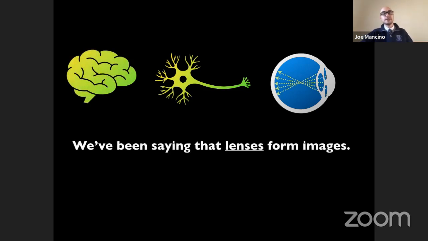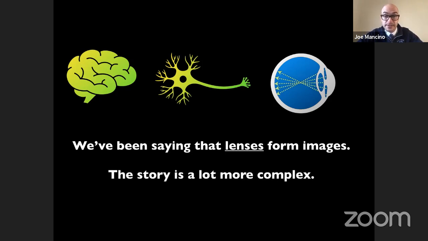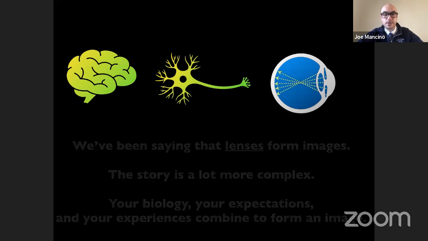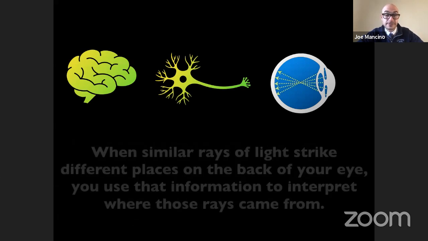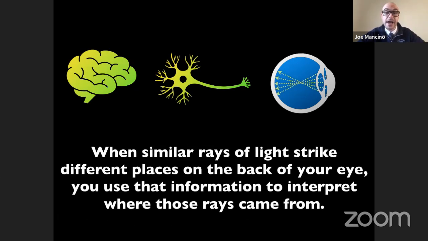See, we've been saying that lenses form images, but the actual story is a lot more complex. Your biology, your expectations, and your experience combine to form the image. When similar rays of light strike different places on the back of your eye, you use that information to interpret where those rays came from.